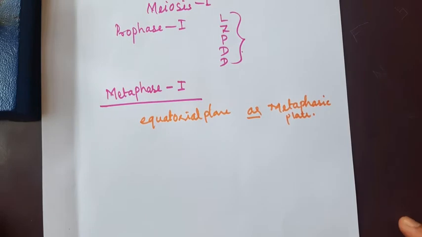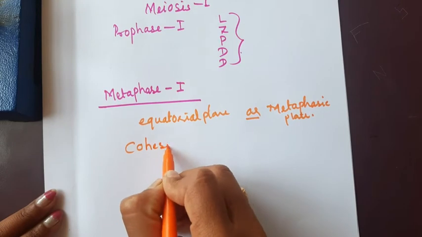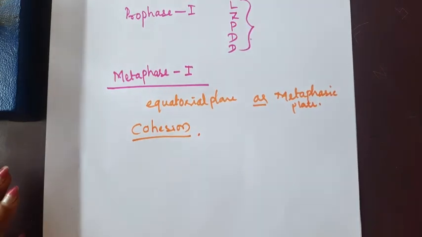After that there is a process of replication. After the replication, the replicated chromosomes are joined together by the protein known as cohesin. Cohesin is a protein which is present in between the replicated chromosomes.